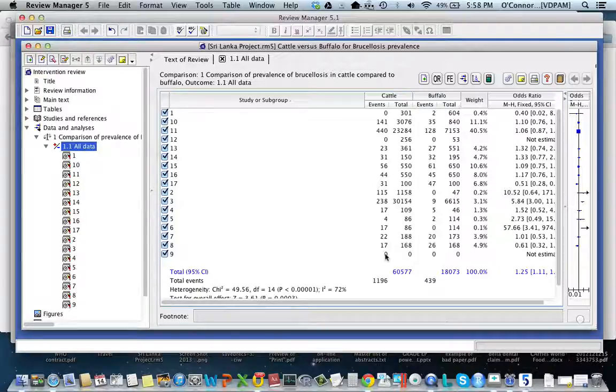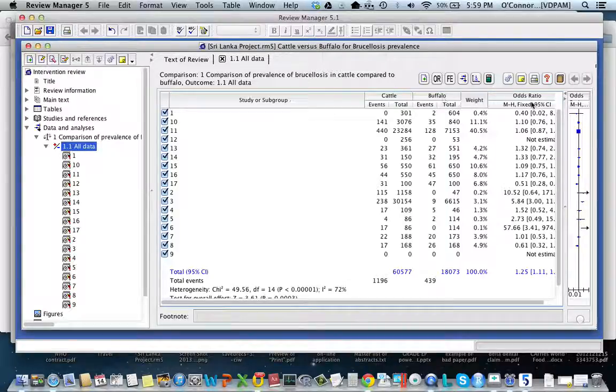So when we did the PICO format, we identified studies that would be relevant to the question of whether cattle and buffalo had a different seroprevalence. At the moment, I'm not going to talk about the assessment of quality, but basically the assumption is because these studies passed the screening that they are at least relevant to the question. So now we have 17 different estimates of the difference in the prevalence of brucellosis in cattle versus buffalo.